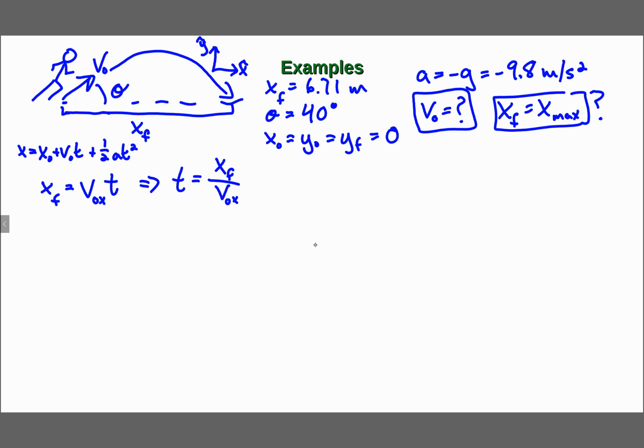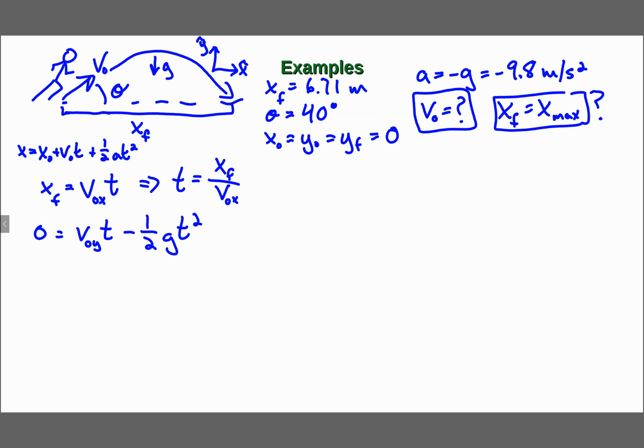And then in the y direction, y final equals, remember y naught was also 0 and y final was 0, so we have 0 equals v naught y times t, and remember that g is down and our y hat direction was up, so we have minus 1/2 g t squared.